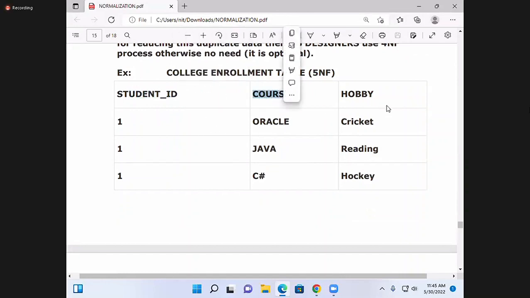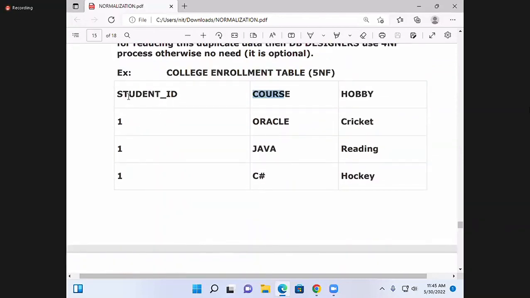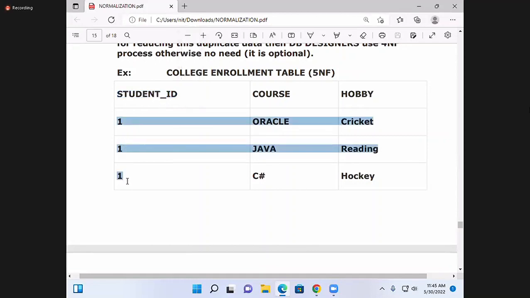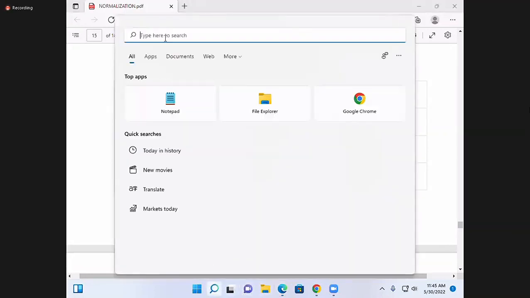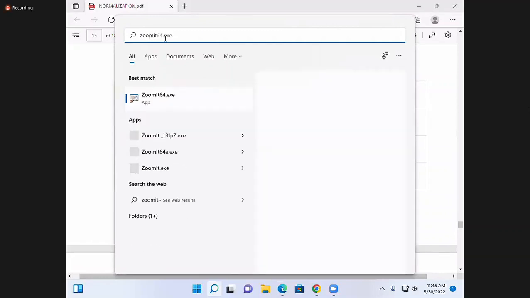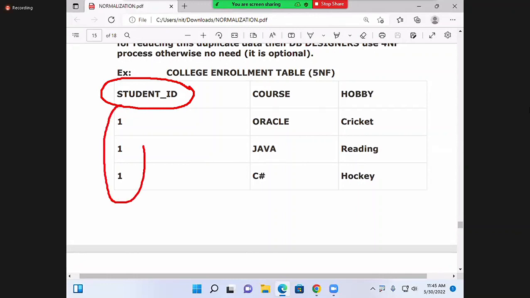Student ID, course, hobby. Here student ID is a column, with the same value. Can you see the same value now? Yes or no? So in a table, a column's same value is matched with multiple values of another column.